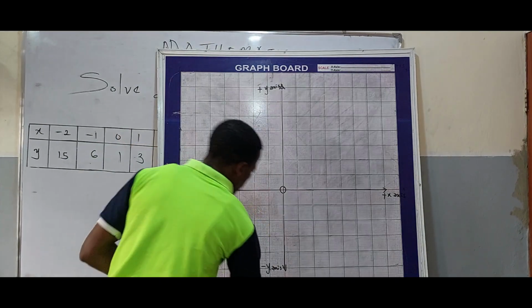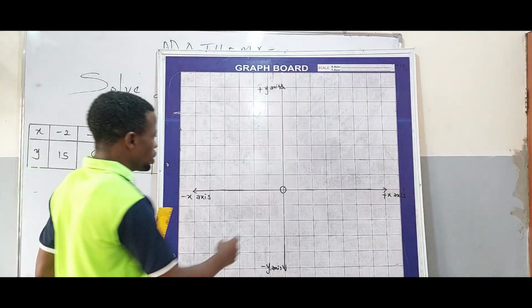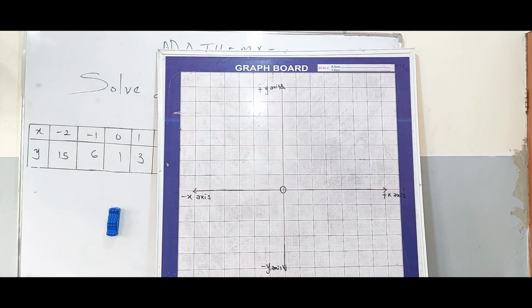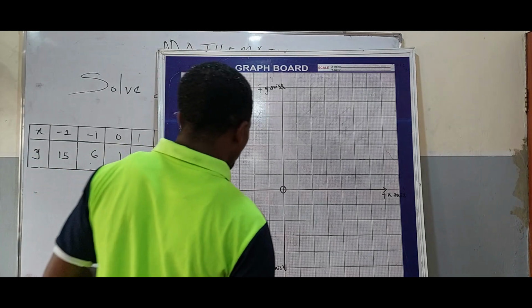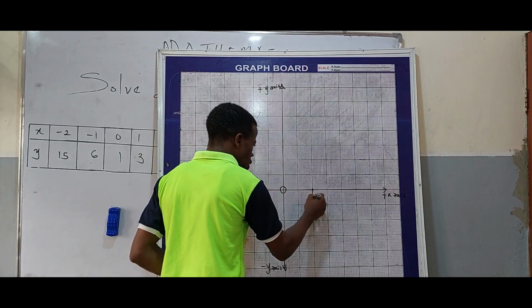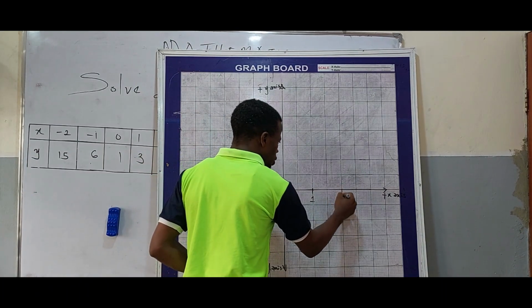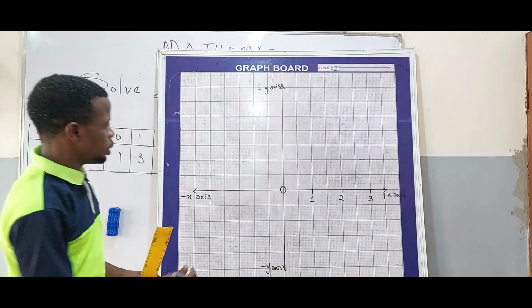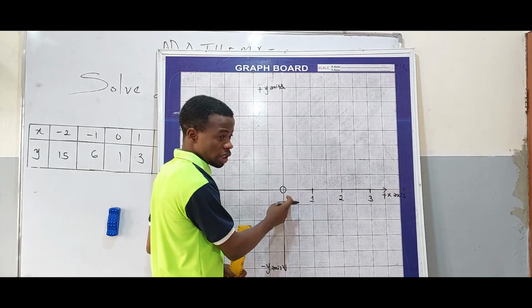What will be my scale? If I pick this, it will be very, very short. I want to make this 1, this 2, and this 3. So I'm picking this to be 1 centimeter.